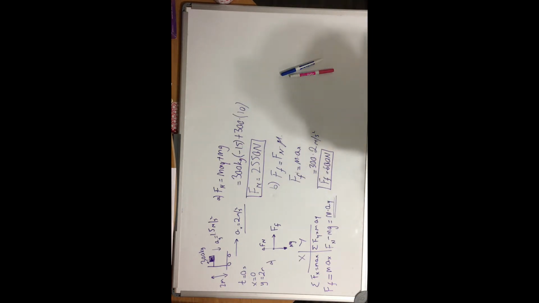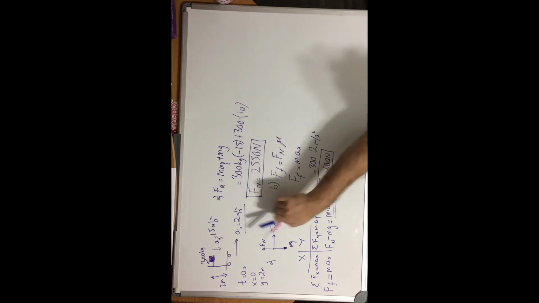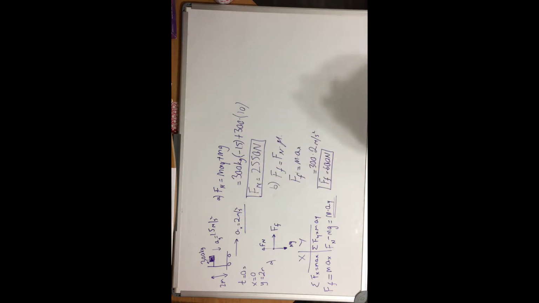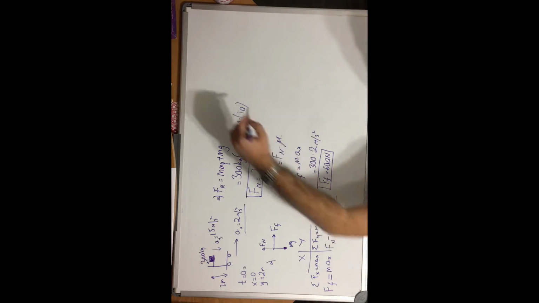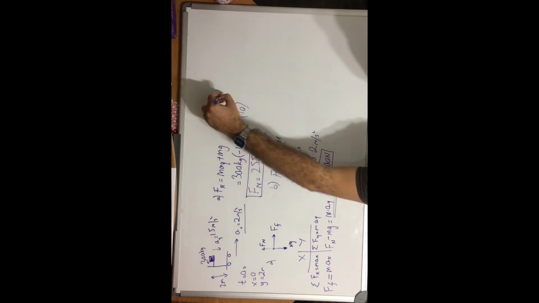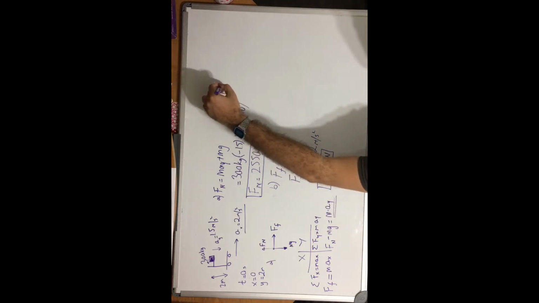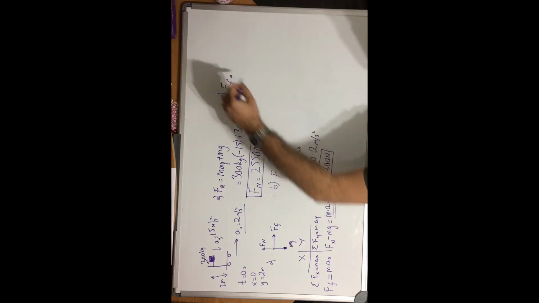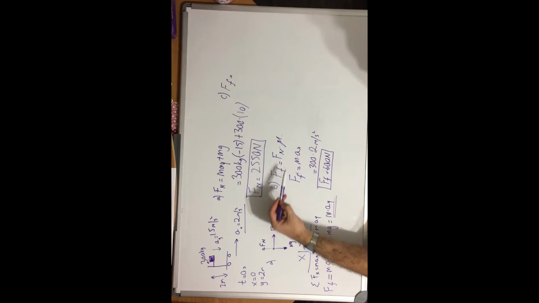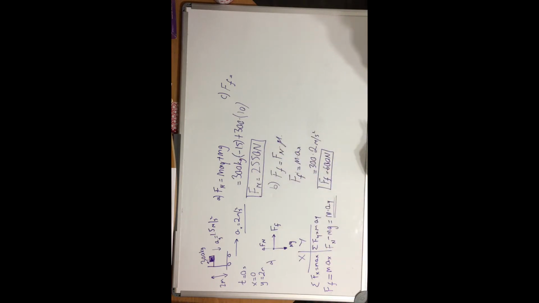And in part C, they're asking what's the minimum coefficient of friction that you might have for it not to slide. In this case, it's simply the friction force. Now we know the friction, we know the Fn, now we can find mu.